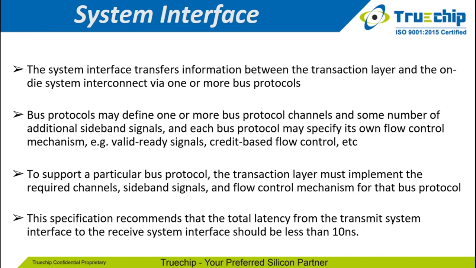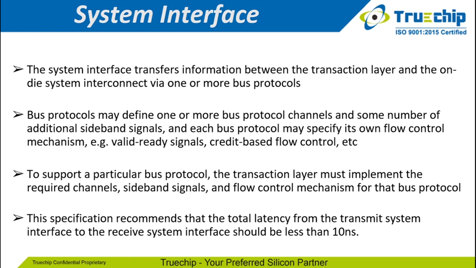Bus protocols may define one or more bus protocol channels and some number of additional sideband signals, and each bus protocol may specify its own flow control mechanism. To support a particular bus protocol, the transaction layer must implement the required channels, sideband signals, and the flow control mechanism for this bus protocol.